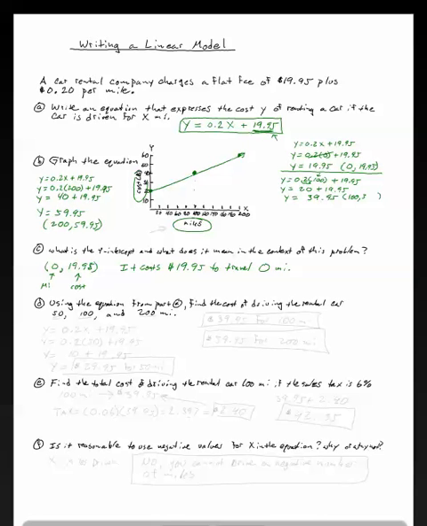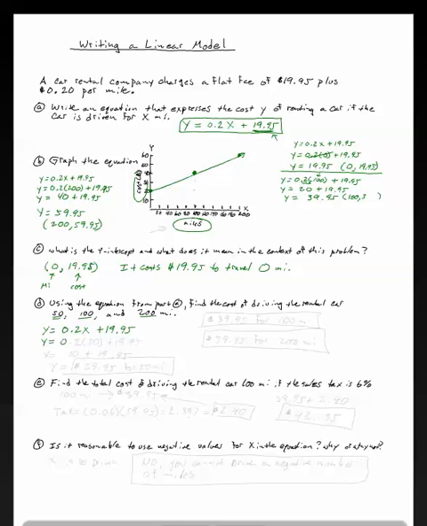All right, so part D says, using the equation from part A, find the cost of driving the rental car 50, 100, and 200 miles. Well, the nice thing is we've already done all the work for 100 and 200 miles when we graphed it, so we just have to do it for 50. So y equals 0.2x plus 19.95, and we're going to plug in 50 for x.